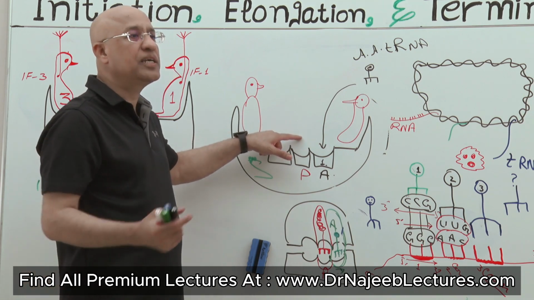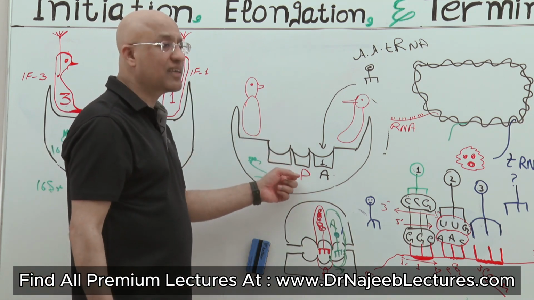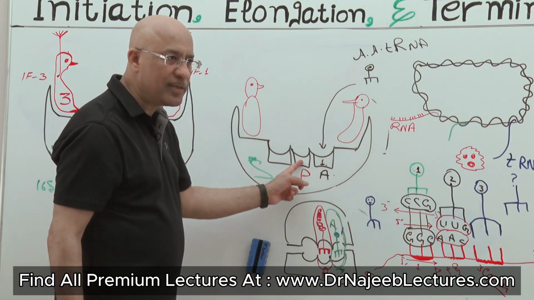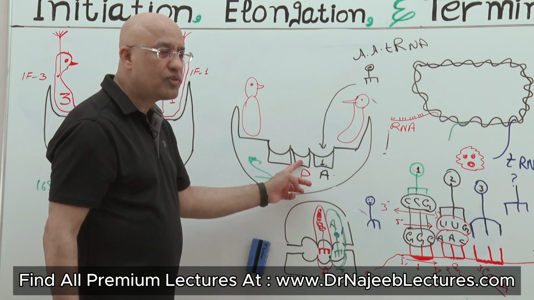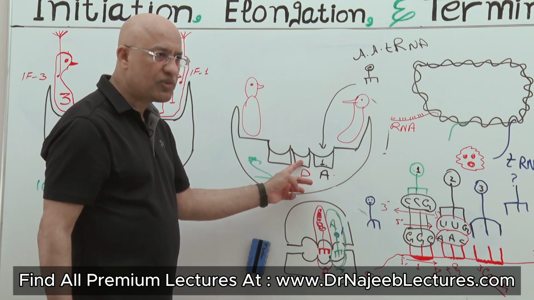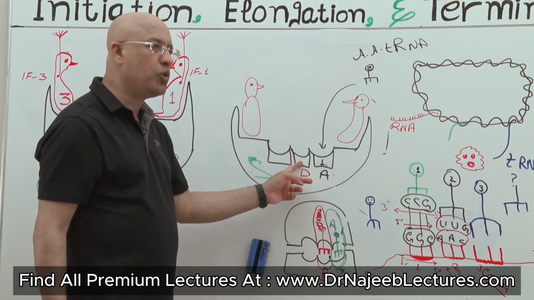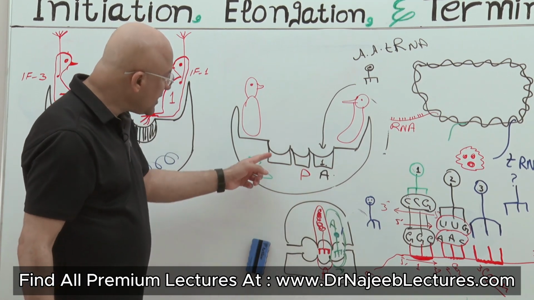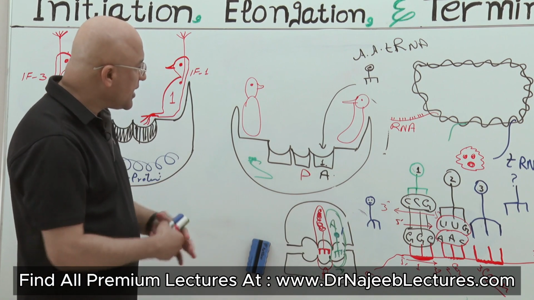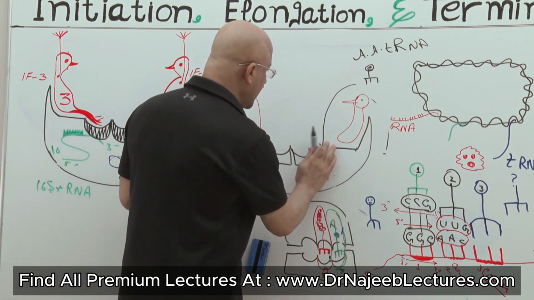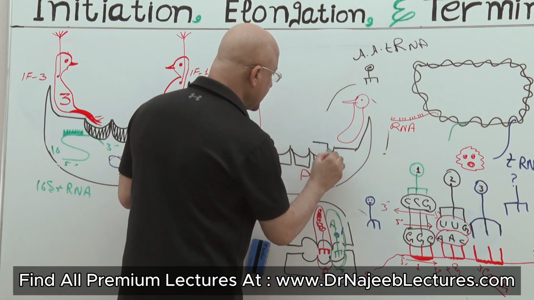For us, we can also remember this as the parking site. Here is the arrival site. Here is the parking site, where either the initiator transfer RNA is there, or such transfer RNA is there which has a newly formed peptide chain. And then we come over here. Here was amino acyl transfer RNA binding.